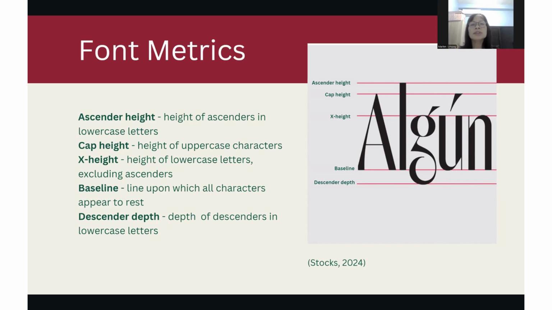Then there's the ascender height, or the height of the ascenders in lowercase characters. The descender depth is the depth of the descenders in lowercase letters.